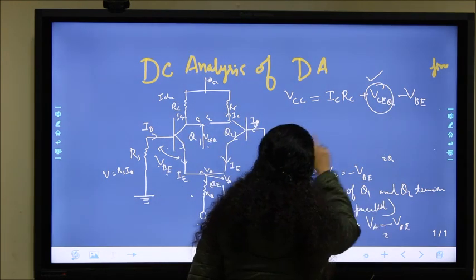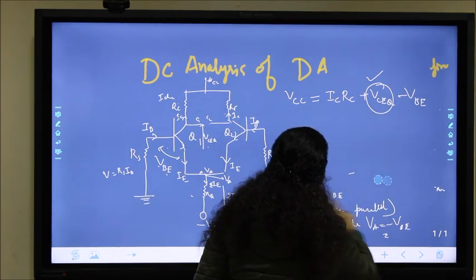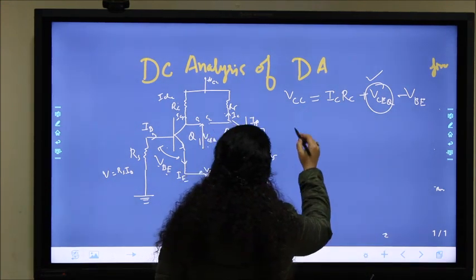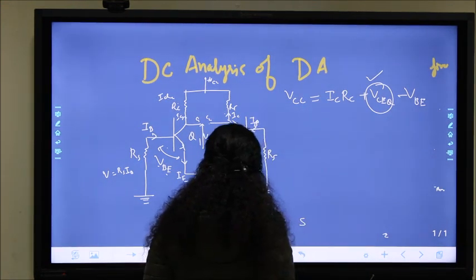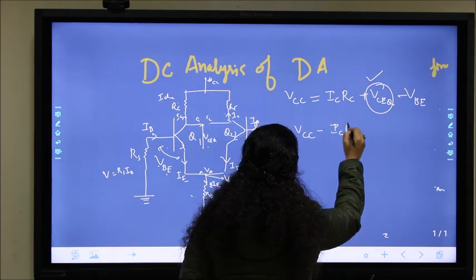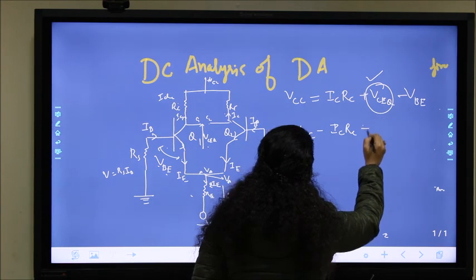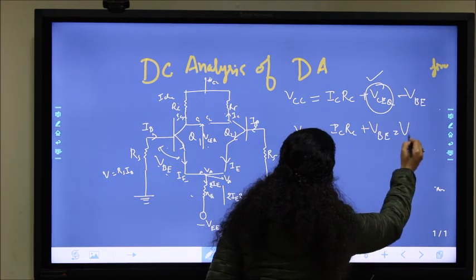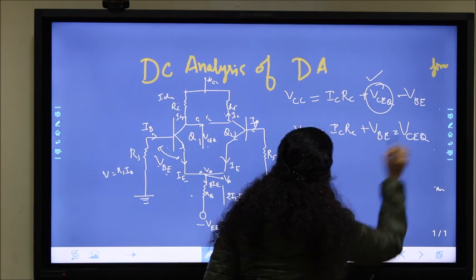Now, rearrange this equation. VCC minus RC IC plus VBE is equal to VCEQ.